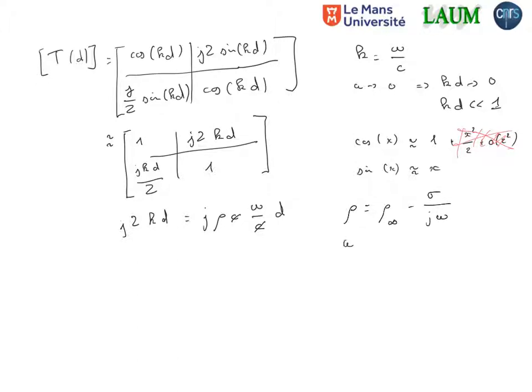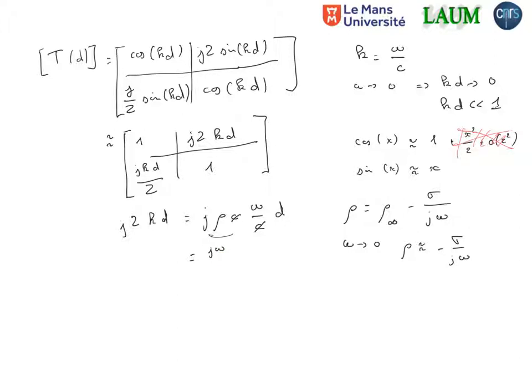When omega goes to 0, at first order rho can be approximated by minus sigma over j omega. Which means that in this expression here, I can replace rho by minus sigma over j omega. These j omega are the 2 terms in this expression, j and omega.